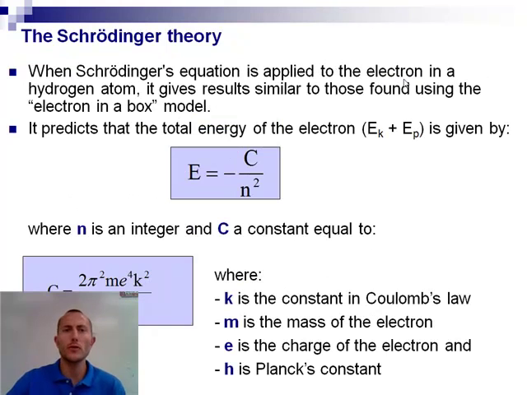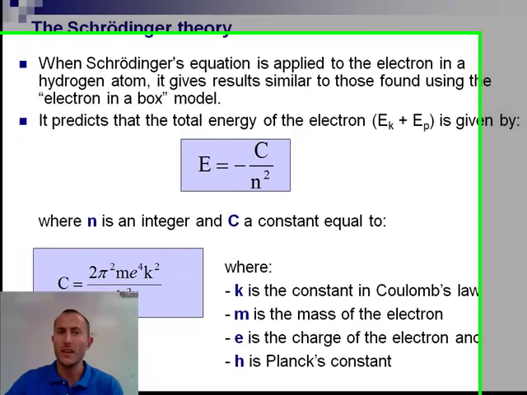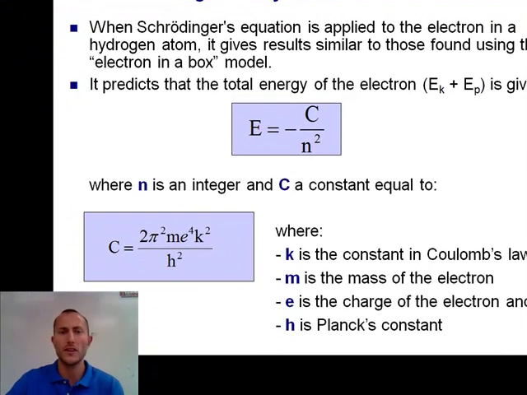But when Schrödinger's theory, when his wave function was applied to electrons, it did give very similar results to the electron in a box model, but they were much more accurate. And it predicts the total amount of energy in an electron.